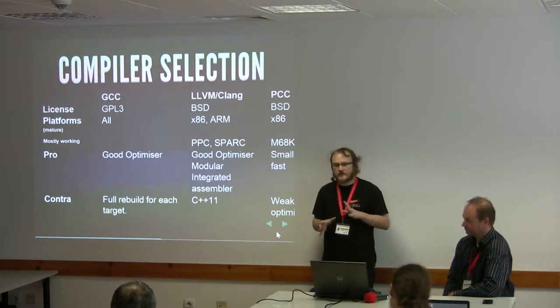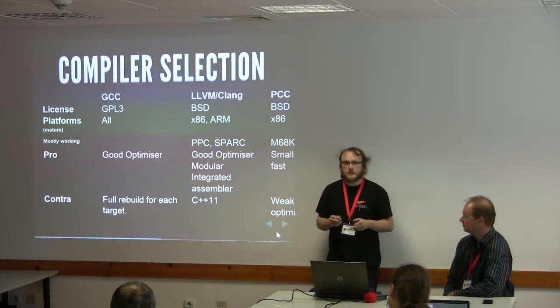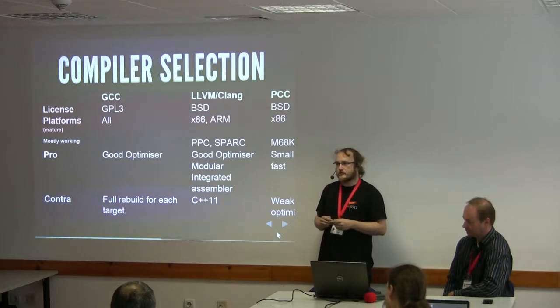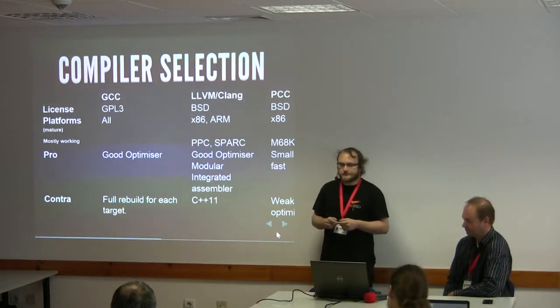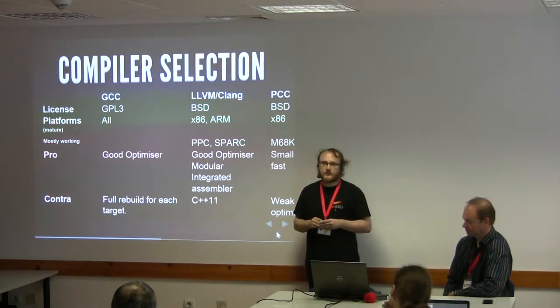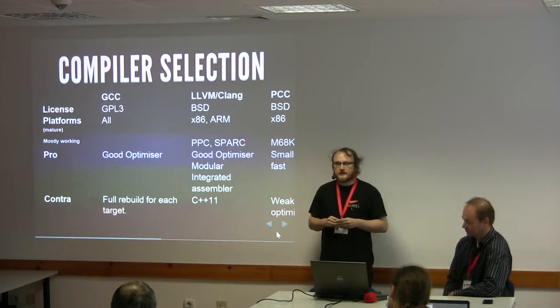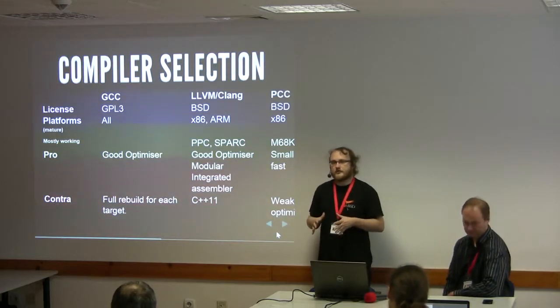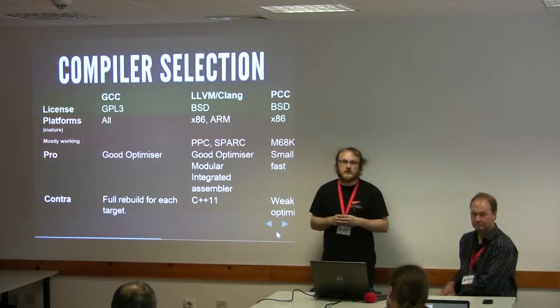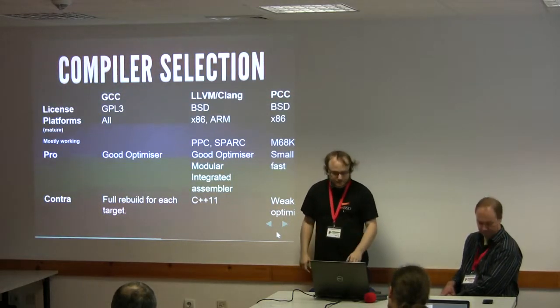On the other hand, GCC and Clang are mostly on par when it comes to the performance of the generated code. GCC still has some advantages when it comes to vectorization and OpenMP support, but that's not so relevant for the base system, more for dealing with third-party code in package source or whatever.